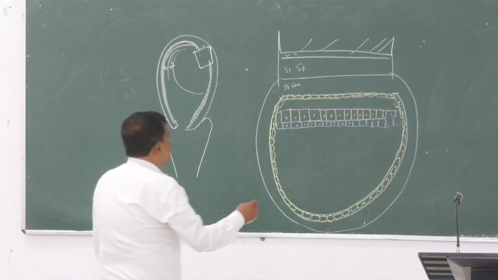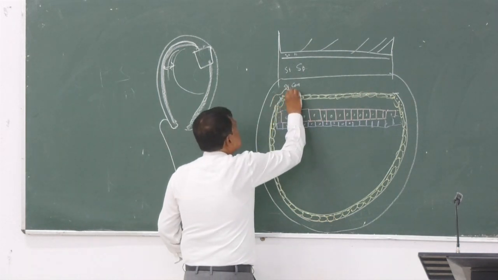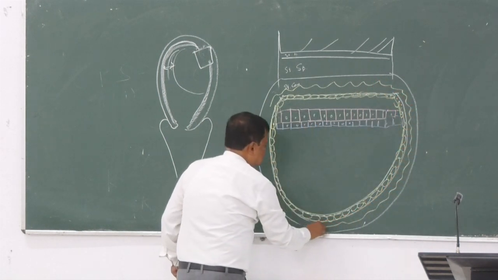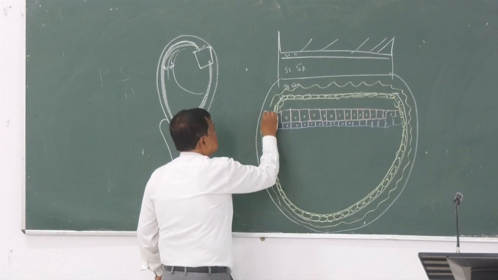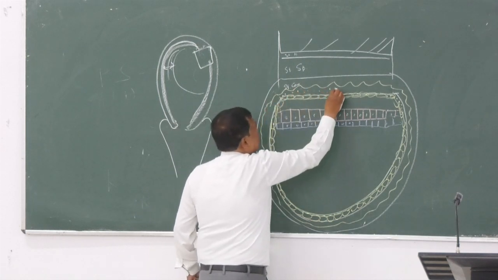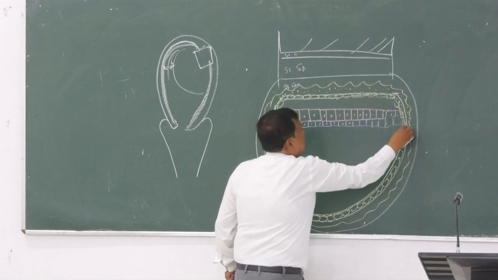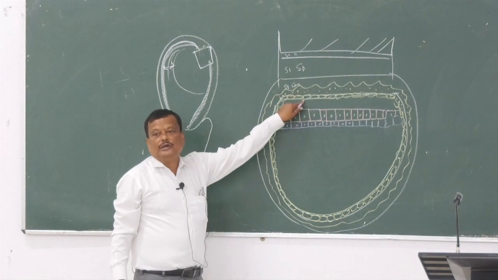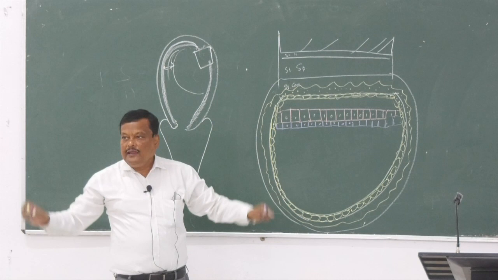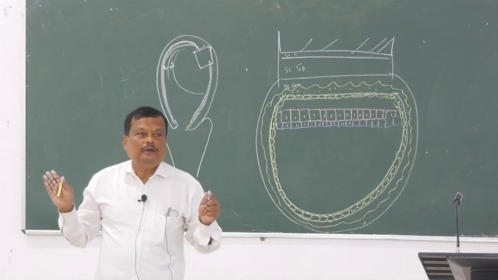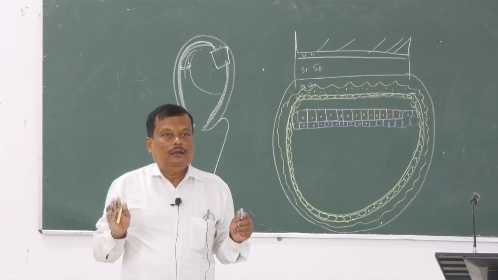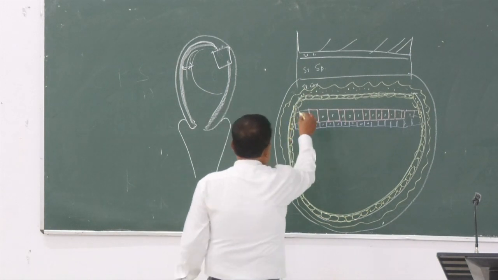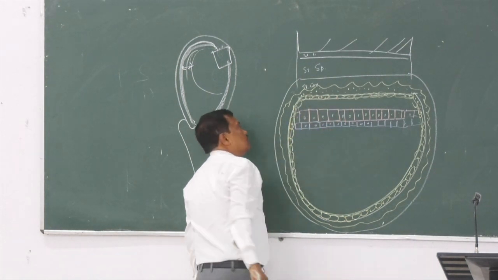So superficially there is a mass of cytoplasm with multiple nuclei. So the trophoblast is divided into syncytiotrophoblast and cytotrophoblast. The outside cell with no clear-cut cell wall we call syncytiotrophoblast, and the basal trophoblast we call cytotrophoblast.